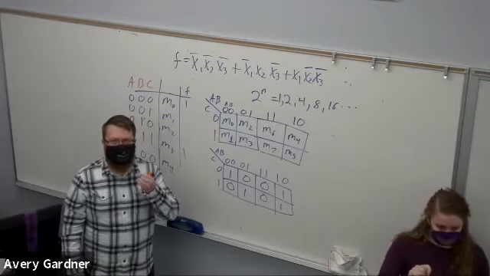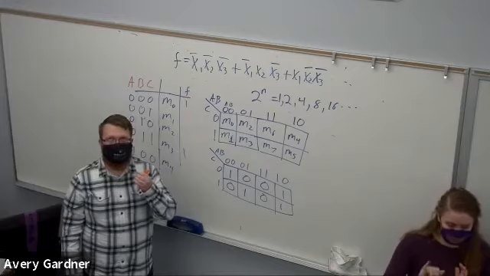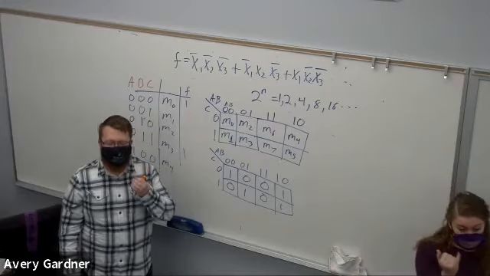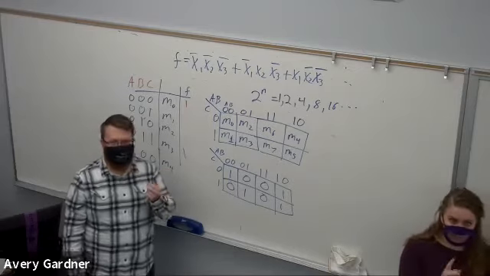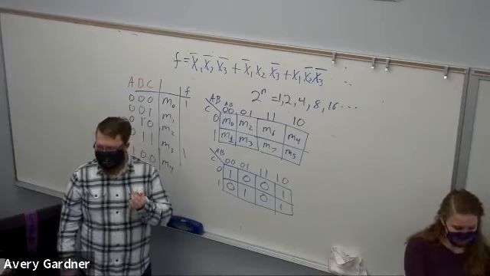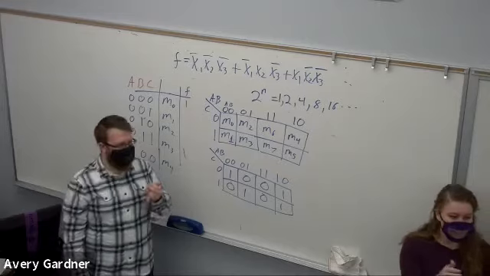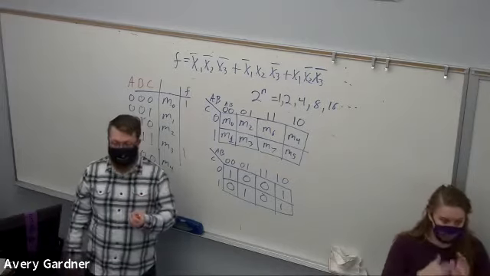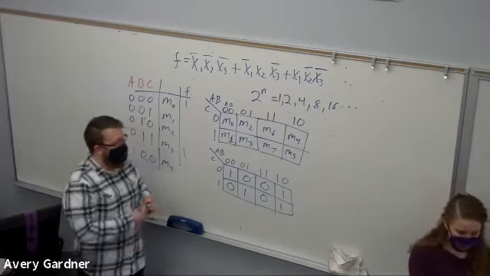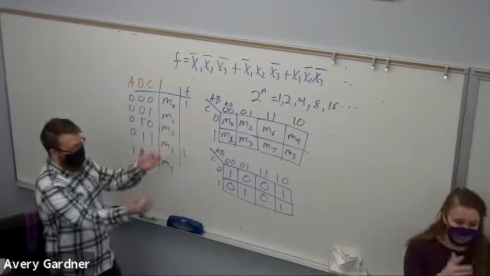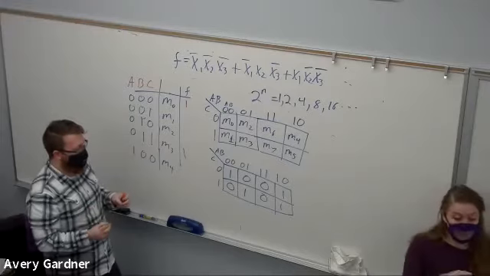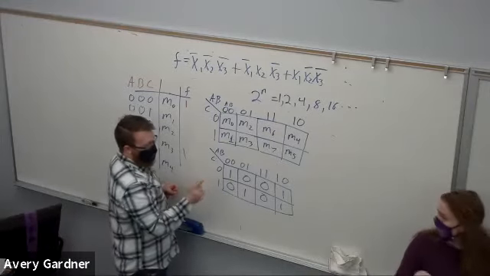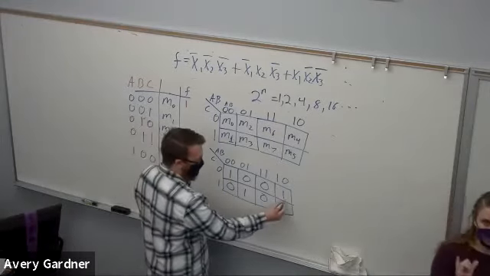An essential prime implicant is the idea that it is necessary to cover a particular one. It is the most simple implicant necessary to cover a one. And we'll get more over what that means later. But here, an essential prime implicant is something like this.